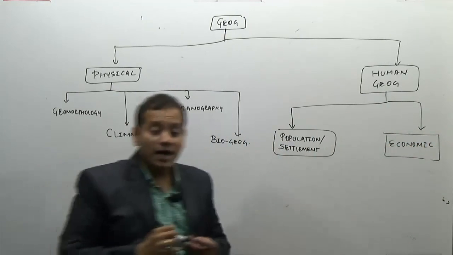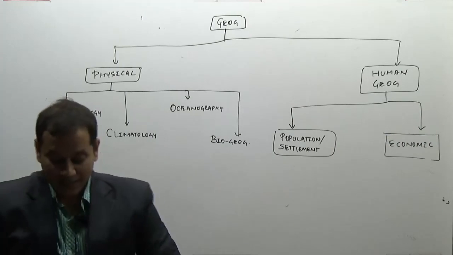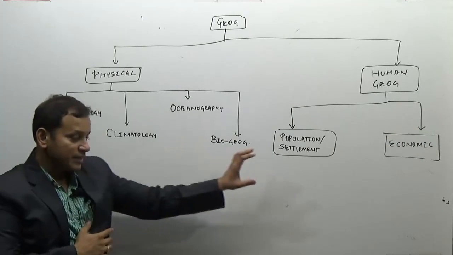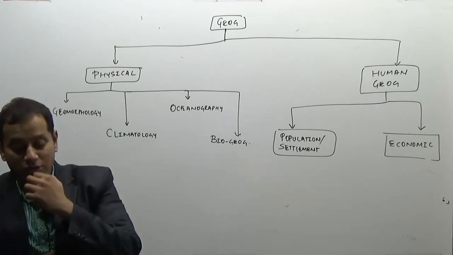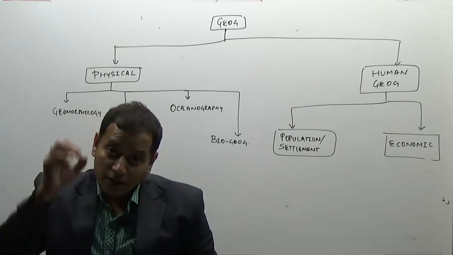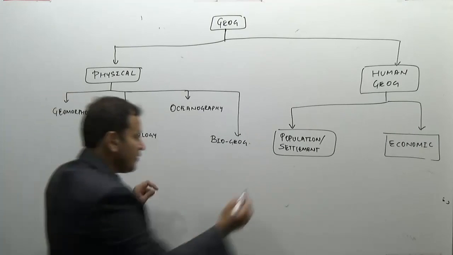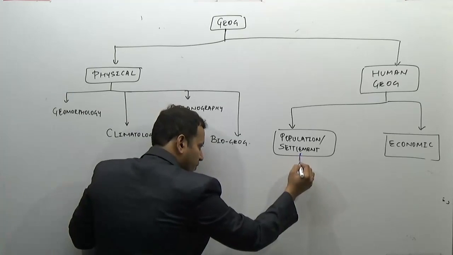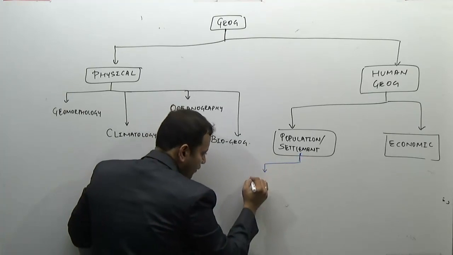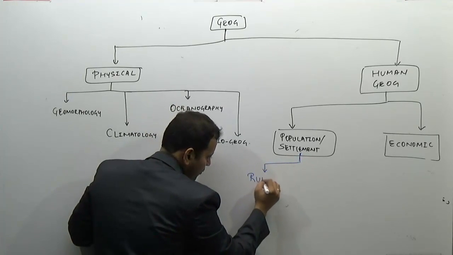These are the two aspects of human geography. Now, population or settlement geography can further be divided into the study of urban geography and rural geography.